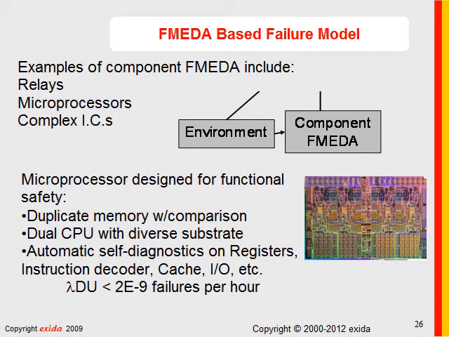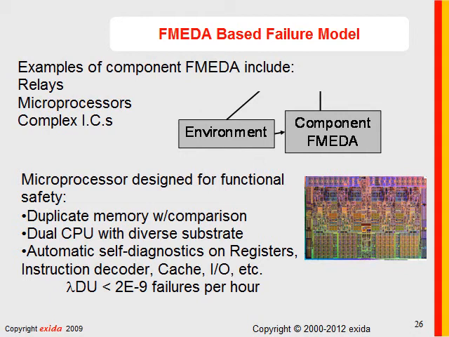Microprocessors and complex integrated circuits are also examples of where hierarchical FMEDAs are important. These components have very complex failure modes and failure rates, which depends very much on the internal design of that component. And so FMEDAs are being done at the integrated circuit level. For example, there are microprocessors being designed today for functional safety. They have features like duplicate memory with internal comparison.